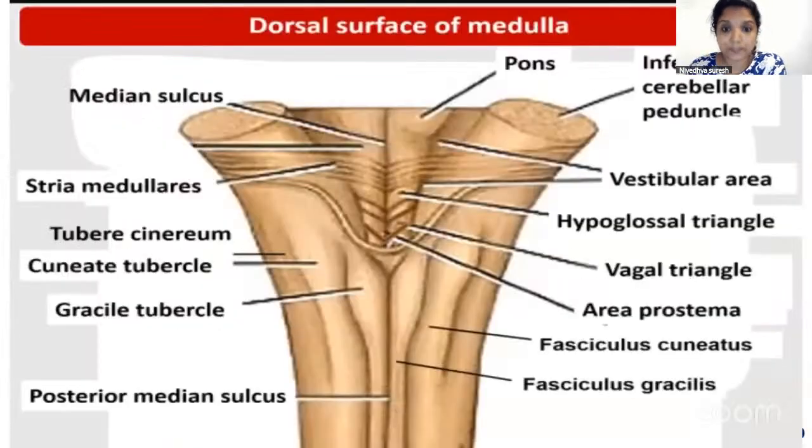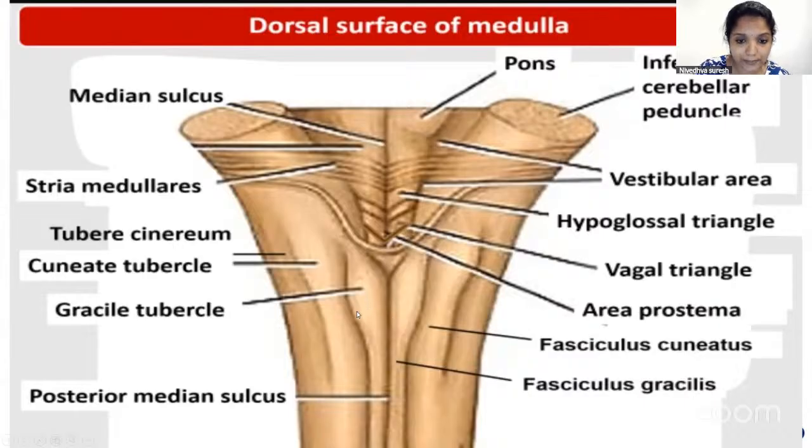And see, this is the dorsal surface of the medulla. Don't be scared, this is easy. At least you should remember these two elevations. See here, this is called the posterior median fissure. So you know the anterior median fissure, right? Behind it is the posterior median fissure.